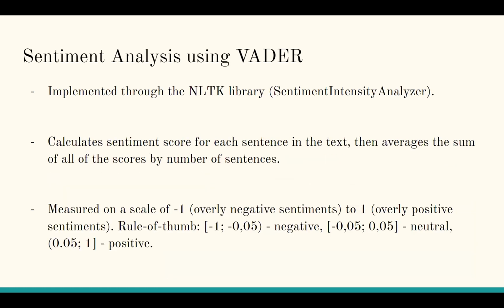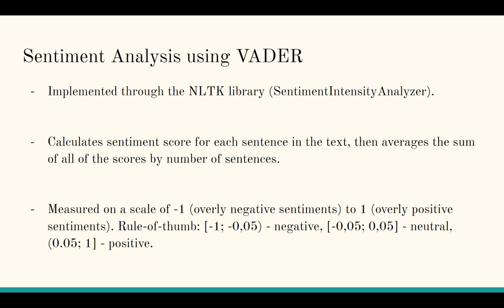We implemented Vader through the NLTK library. How we did it is we calculated the sentiment score for each sentence in the text, because Vader is used for short sentences. And then we averaged the sum of all of the scores by the number of sentences in the text.